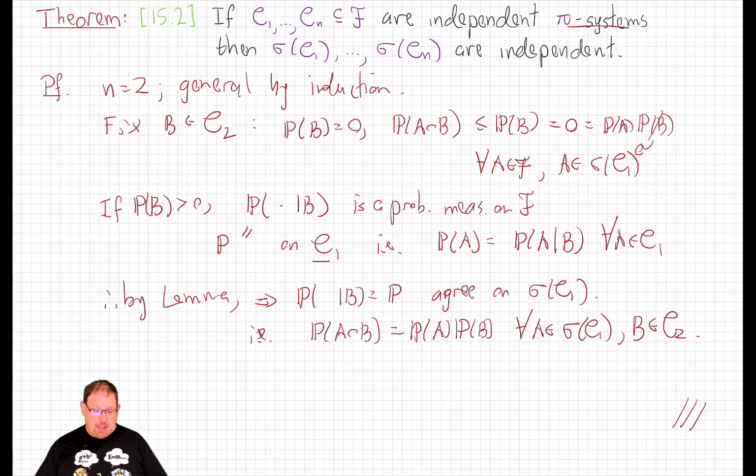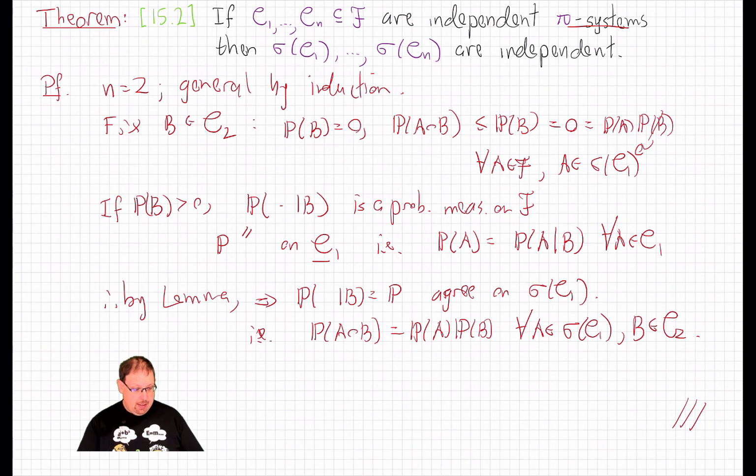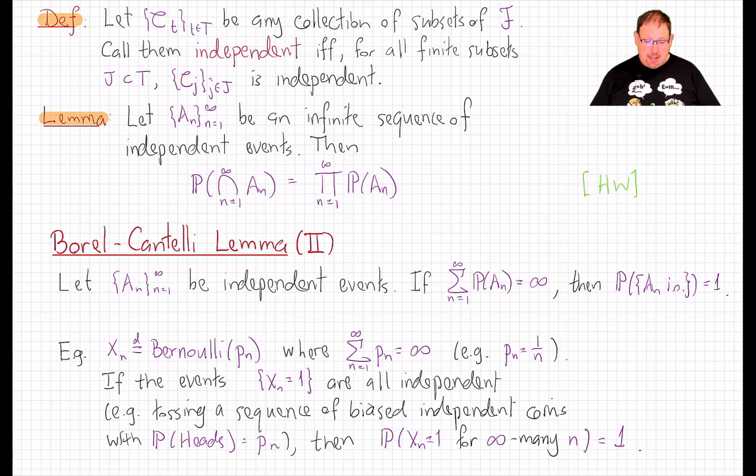But before we get there, now let's talk about independence of infinitely many classes of events. We simply define that by finite subset. If I have any collection of subsets of a sigma field, we'll call that collection independent if and only if any finite subset of those collections is independent in the sense that we've just given.